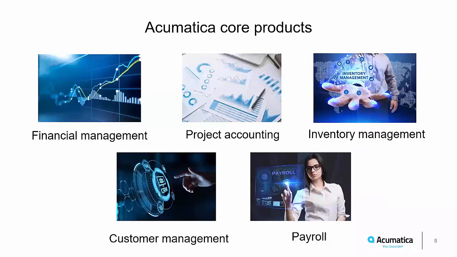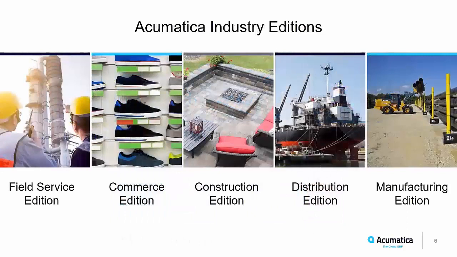So when you take these main components and then you go to the next screen, you take these and now you bring them together with what we call additions, where a field service, an e-commerce, a construction company, a distribution, a manufacturing company all need that accounting platform, and in some cases you need that project piece.